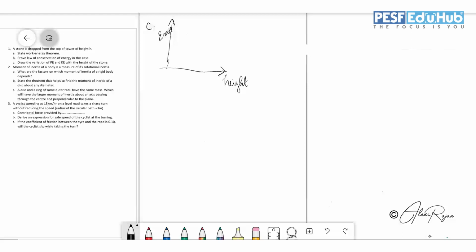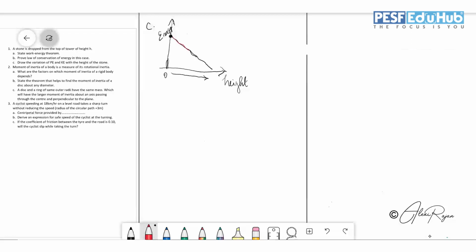Now you know that if a ball is dropped from a particular height, at the maximum height, it will have maximum potential energy. Just see that this has a maximum potential energy there, and with increasing height the potential energy... it means on decreasing the height, your potential energy will decrease.